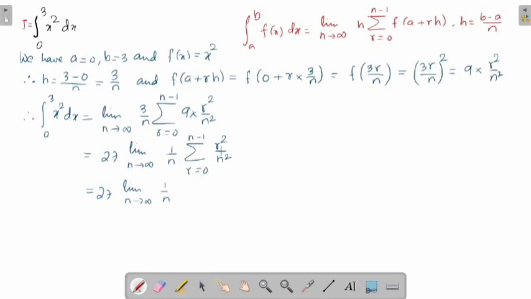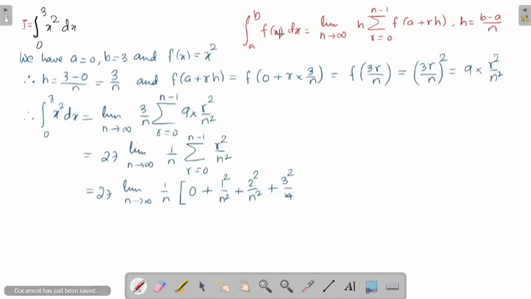The first value of r is 0, so 0 square by n square becomes 0, plus the next value for r will be 1, so 1 square by n square, plus the next value will be 2, so 2 square by n square. Remember, here I am changing only the value of r; n will remain as it is, because here the variable is r. Plus the next value will be 3, so 3 square by n square.